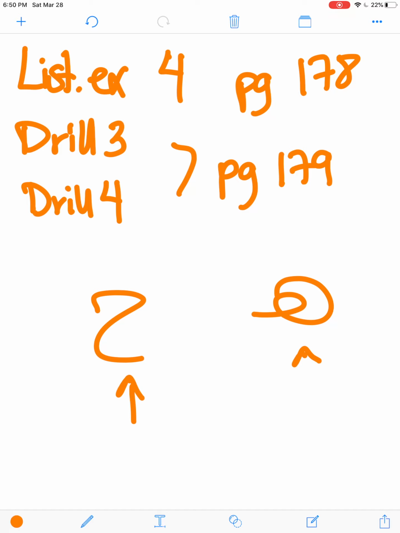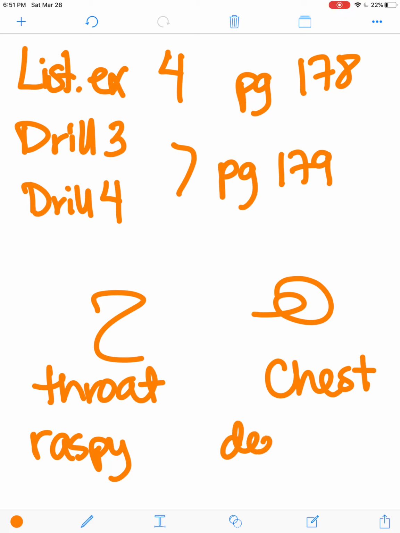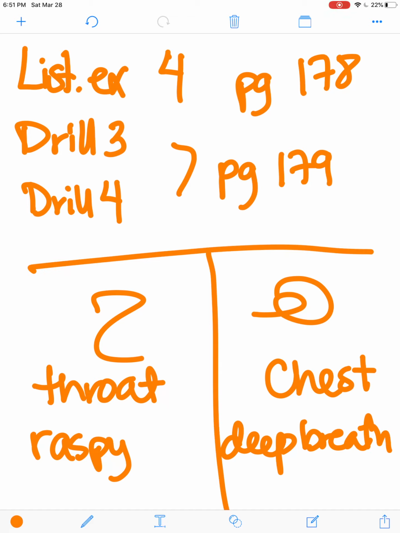So notice the difference between the two sounds and how this one is in your chest and it's a deep breath, and this one is in your throat and it's a raspy sound. So if you want to write down for yourself, raspy, and this one is a deep breath. So ha and ha.